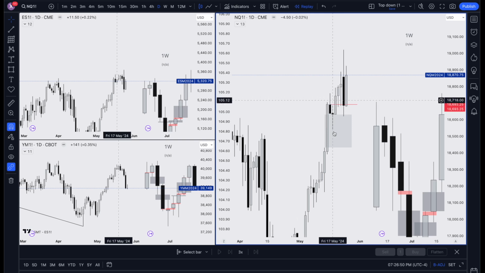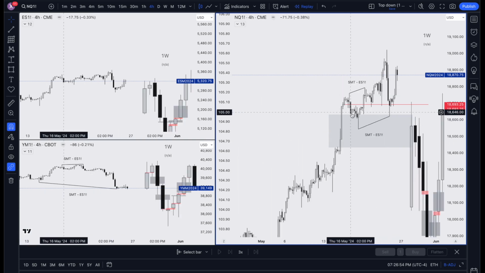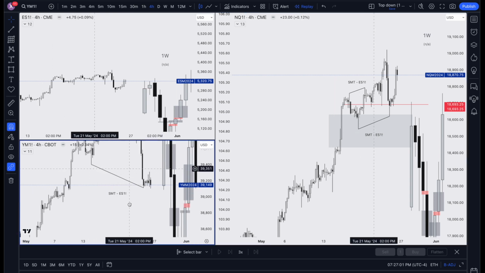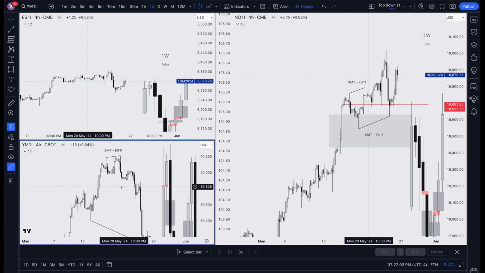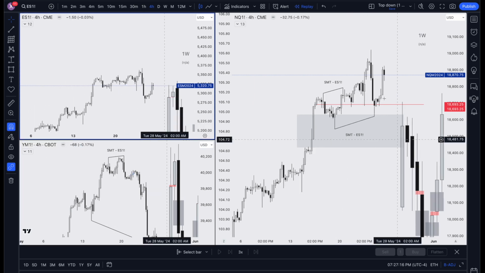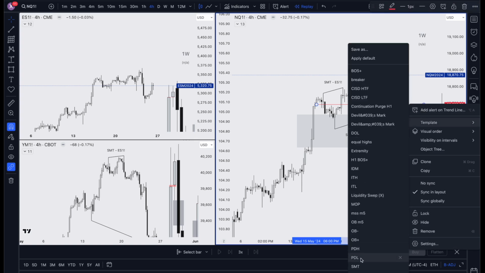It swept liquidity, which you'll be able to see on the lower time frame. It forms an SMT in the market. Where is that Friday SMT? It's a big one with the Dow, isn't it? Right there, there's the SMT. And then price trades through those two up close candles. So this becomes our change in state of delivery.